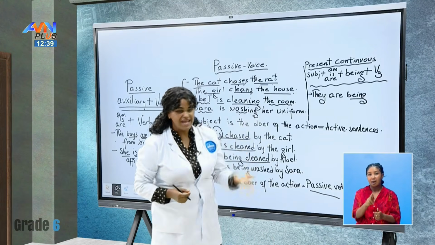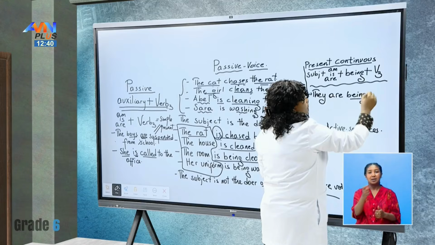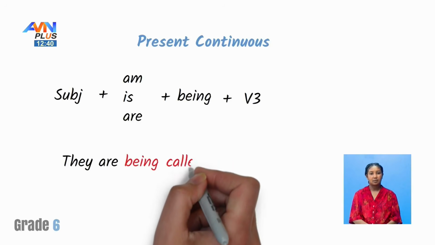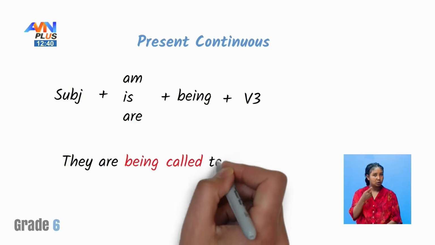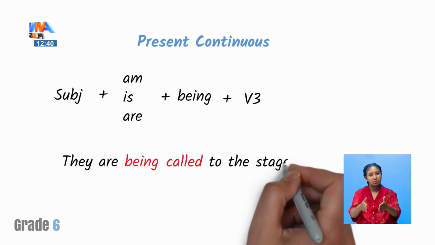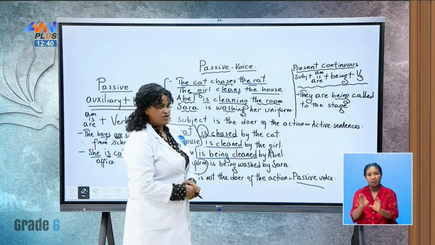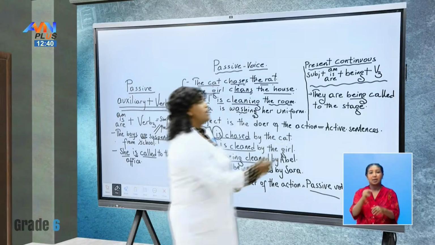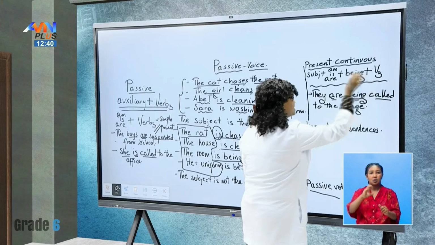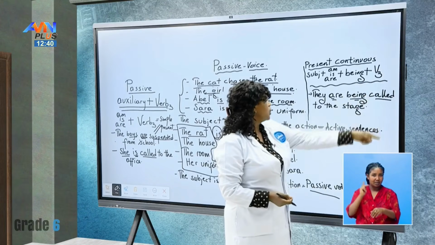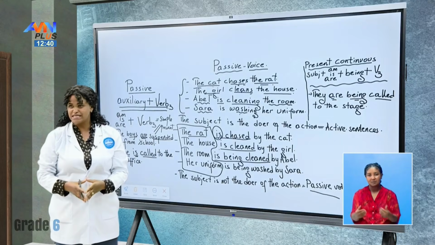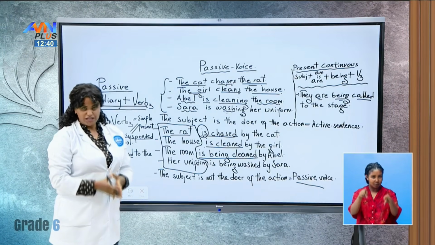They are being, for example, they are being called to the stage. Maybe for some reward, or maybe to make a speech. They are being called. Are present, being continuous, called passive, which is they are being called to the stage. This is how we construct a passive simple present and passive present continuous.